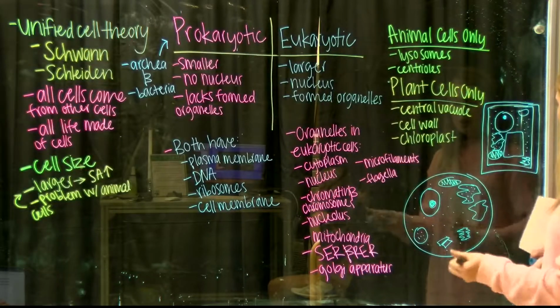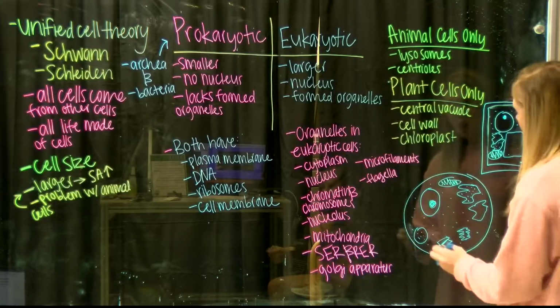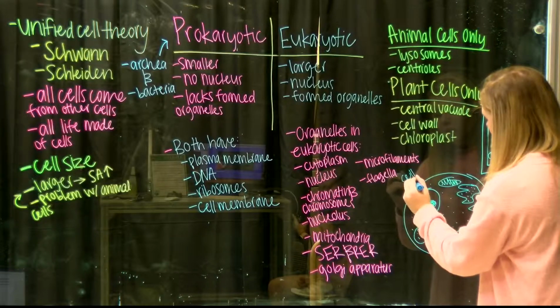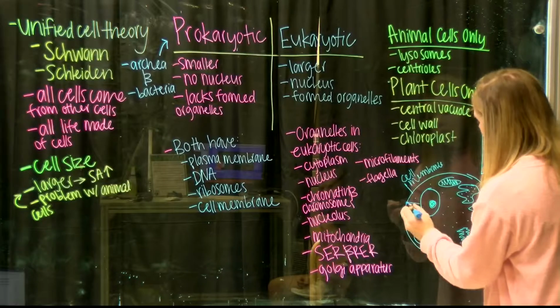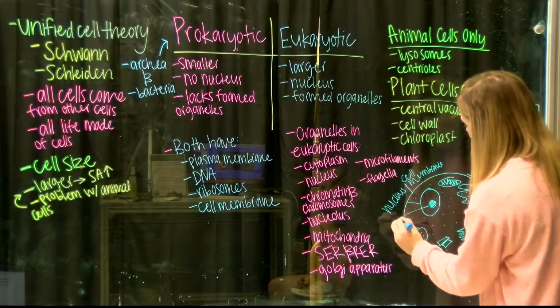And these are just a couple drawings, a rough drawing of the animal cell. And this is the cell membrane. The nucleus. The nucleolus.